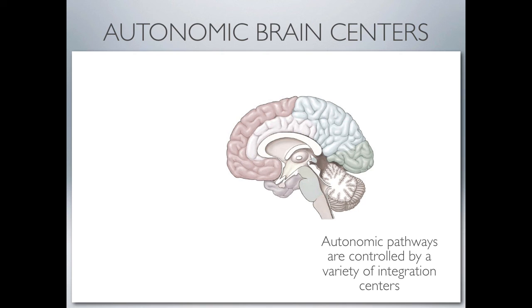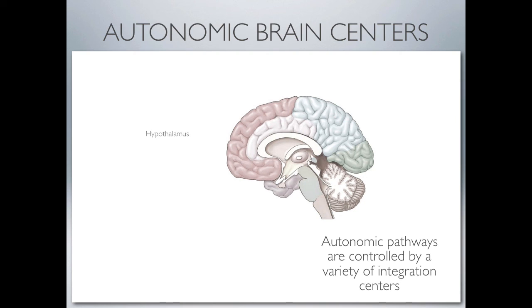But the autonomic nervous system will recruit autonomic neurons, that is the interneurons that descend down to a region of the spinal cord, the cell bodies for those interneurons will emerge through these brain centers.